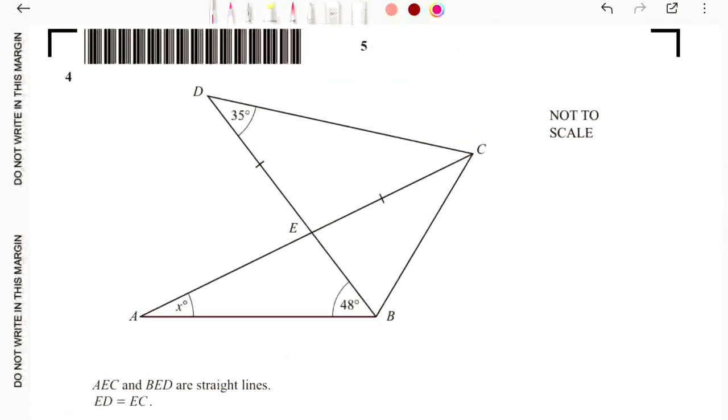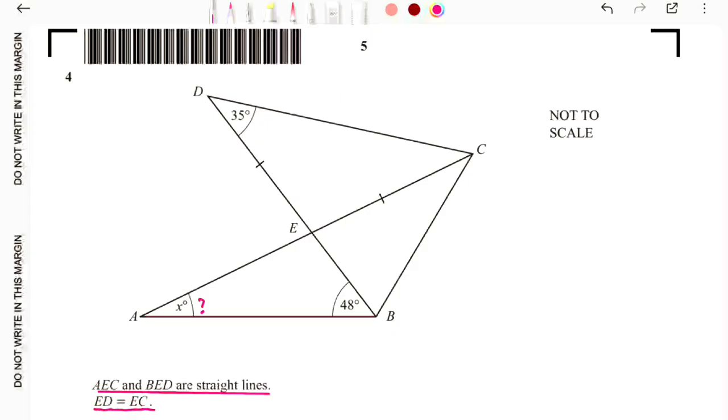Question number 4. AEC and BED are straight lines, and ED is equal to EC. Find the value of x. We have to find out the value of x. Students, just see the indicators.